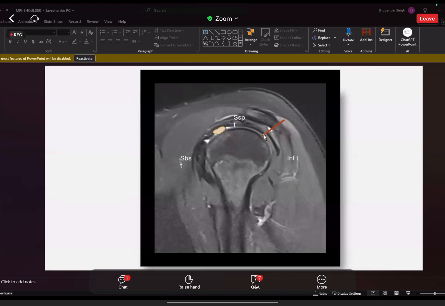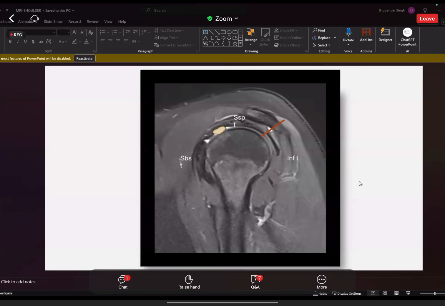Here, this hypointense band is the rotator cable. Whenever both supra and infraspinatus tendon injury is there, it does not allow them to retract more, but in degeneration the rotator cable also degenerates and there is significant retraction of the tendons. But there is not much clinical significance of the rotator cable.